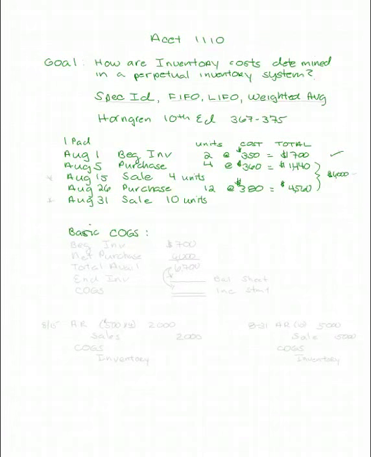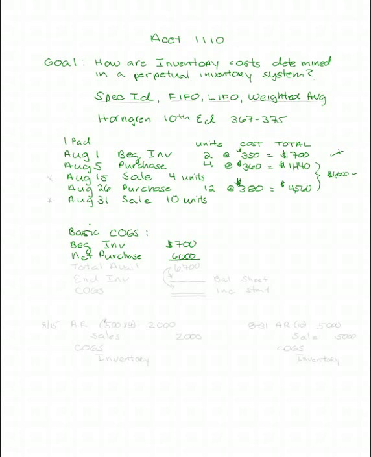The basic cost of goods calculation says, what do you have in beginning inventory? From our records above, you can see I have $700. To that, you add net purchases. In my example above, you can see I have $6,000 worth of purchases.